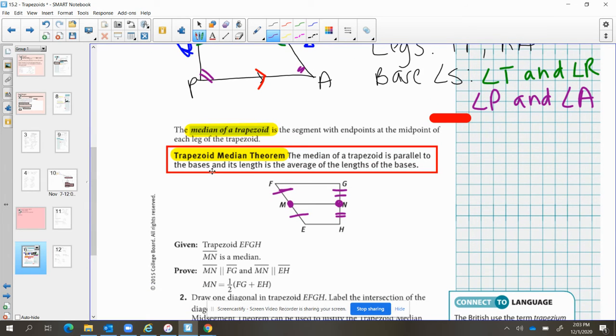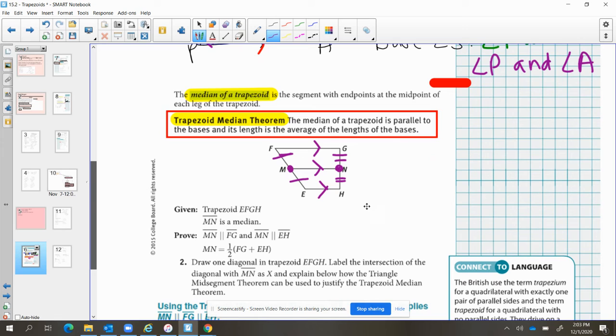The trapezoid median theorem says that the median is parallel to the bases, and its length is the average of the lengths of our bases. So basically we add up the two bases and divide by 2 to get the length of our median right here at N.